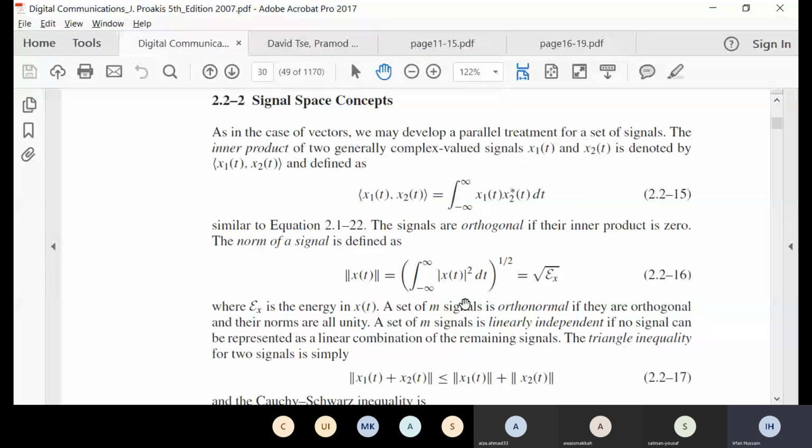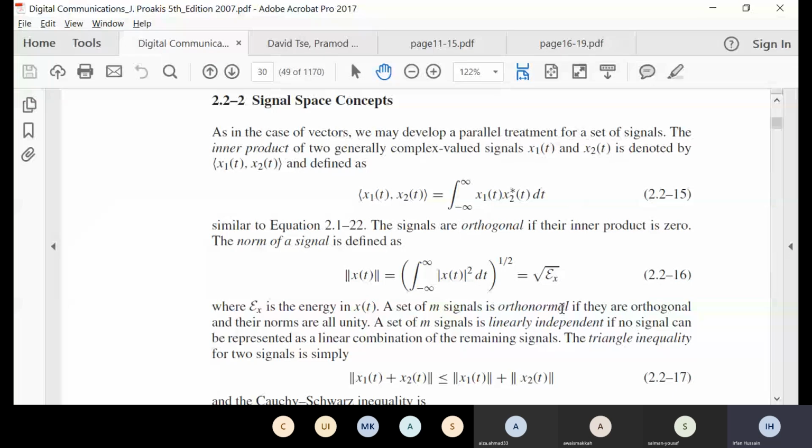And for the energy, the square becomes power, and when I integrate over the whole time, it becomes energy. The square root of the energy is the norm. If their energy is 1 and they are orthogonal to one another, then they are called orthonormal.